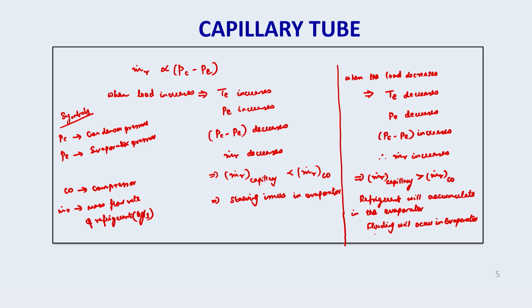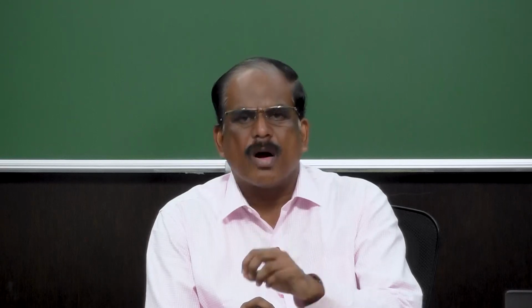So, there is no balance between the quantity of refrigerant that is supplied by the capillary tube to the evaporator and the amount of refrigerant that is drawn by the compressor. There is a point called the balance point, which indicates that the correct amount of refrigerant required to be drawn by the compressor is supplied to the evaporator.